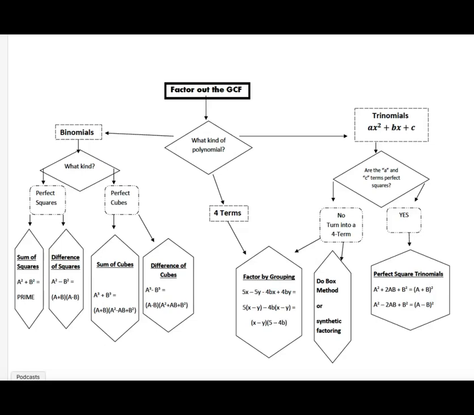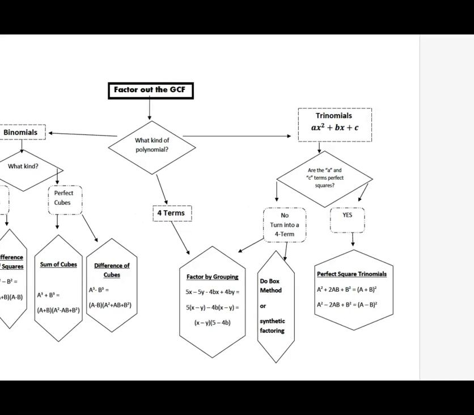You won't be able to use it on the exam, but it's nice to have when you're working through things if you get stuck. Okay, so if we go through this, we're saying, okay, we first have to factor out the GCF. That's always, always, always going to be the first thing that we want to do there. Oops, let's see here. I just moved that the wrong way.